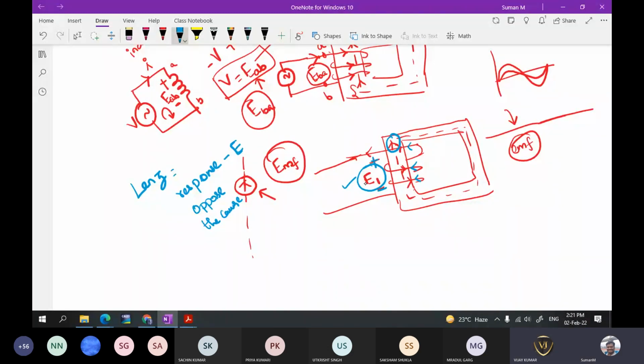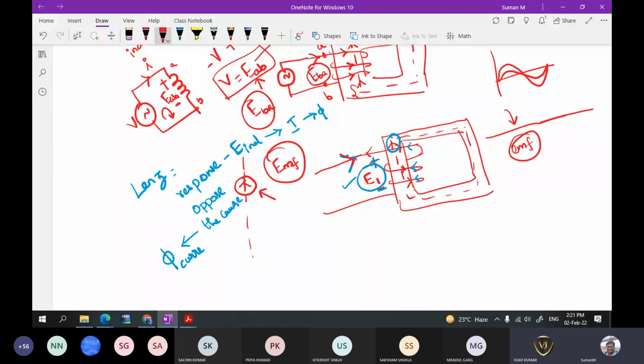In another way, you can say that if this induced EMF is allowing some current, and because of that there is some flux, then that flux will be opposing the cause for it. The cause for this actual EMF is the flux which is supplied by the current from the source. There was a current flowing in this direction.